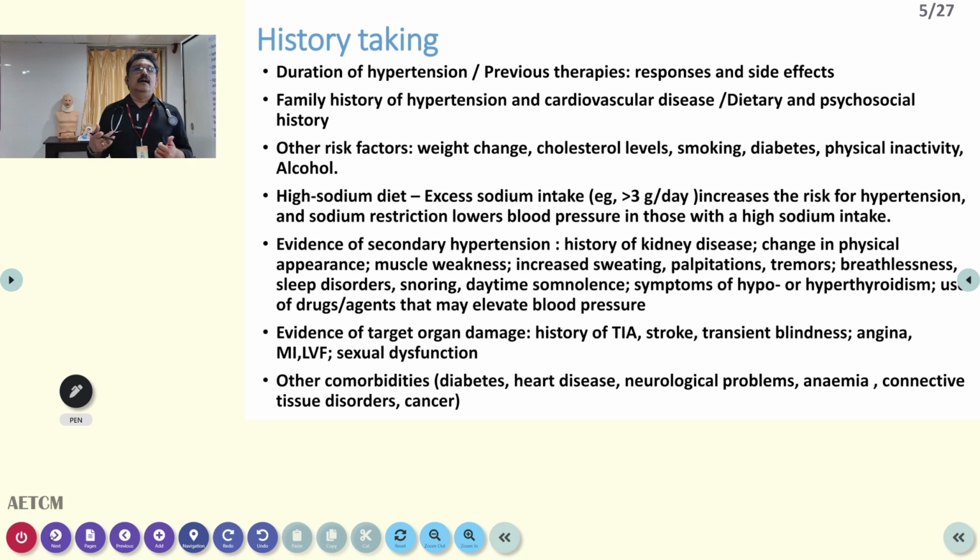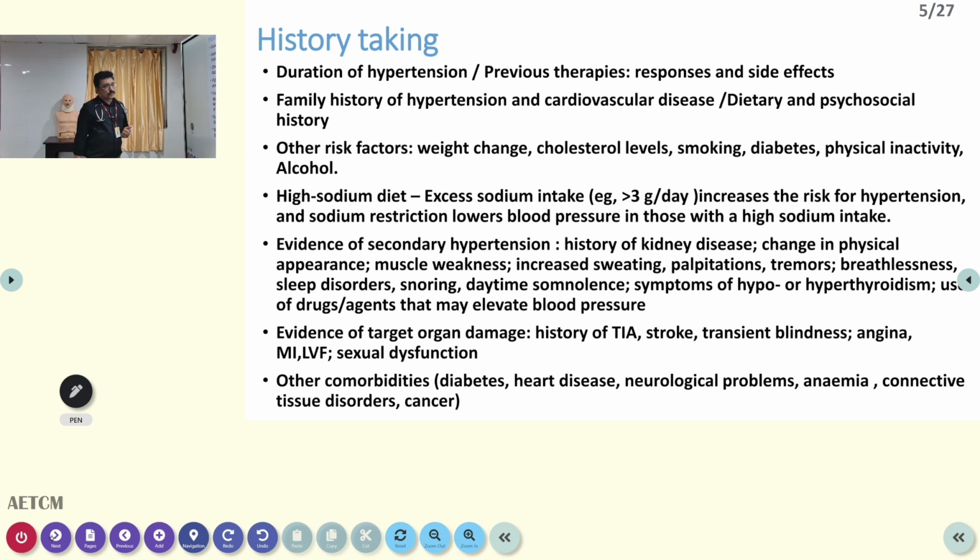All these things we have to consider to rule out evidence of secondary hypertension. Then previous history of target organ damage like sexual dysfunction, increased urea and creatinine, renal failure, past history of TIA, visual loss, and chest pain, all these things we have to consider.